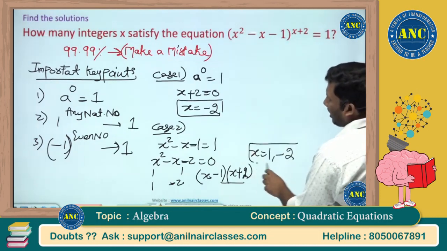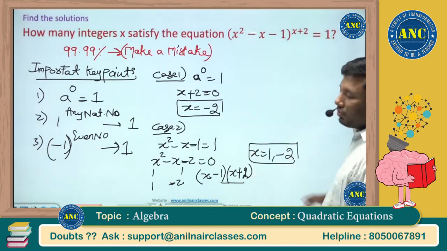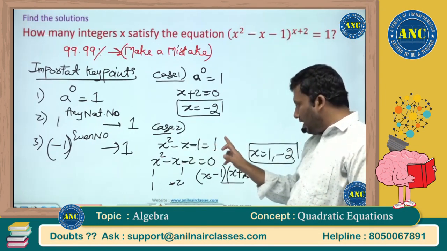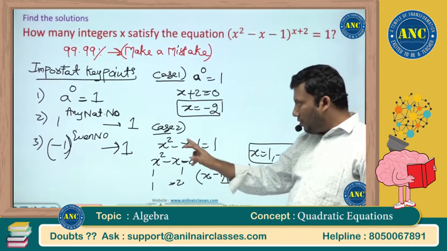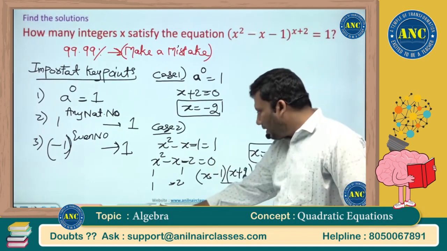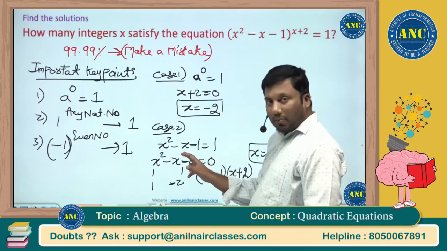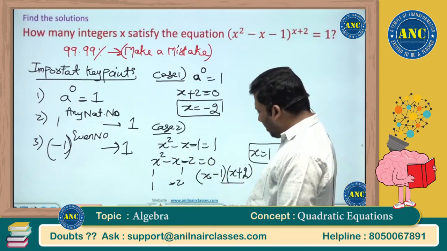Are you all with me? We might have done some calculation mistake. x² − x − 2 is equivalent to 0.